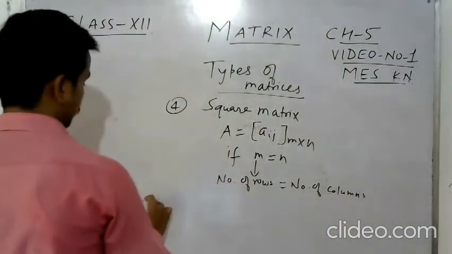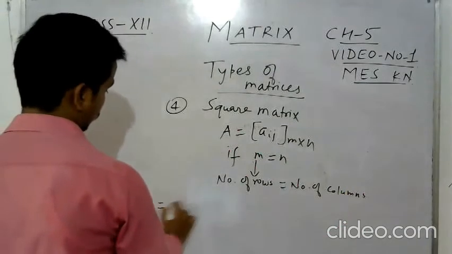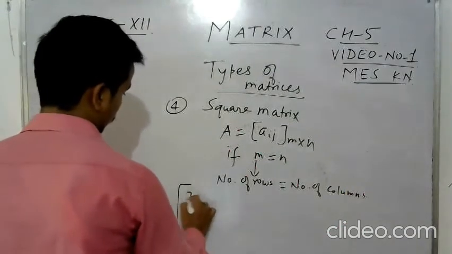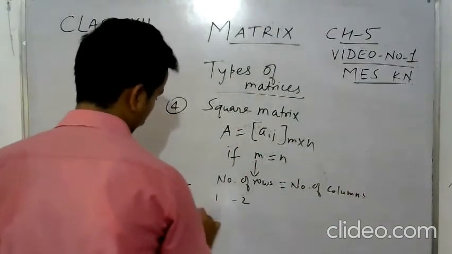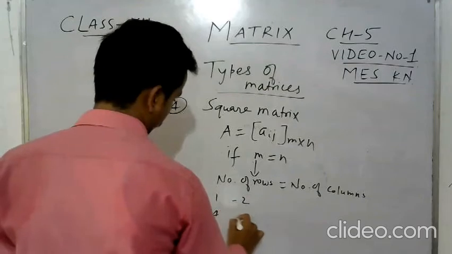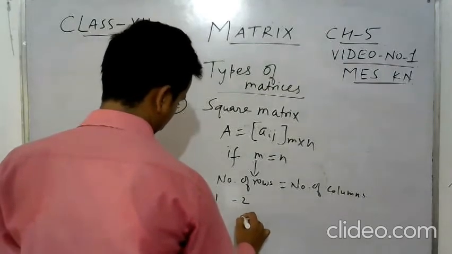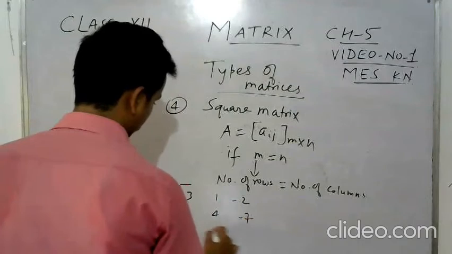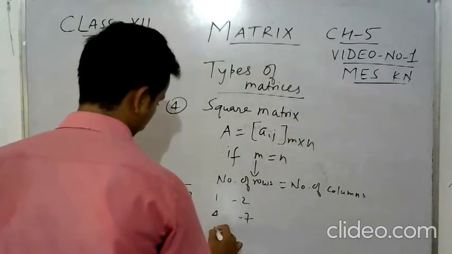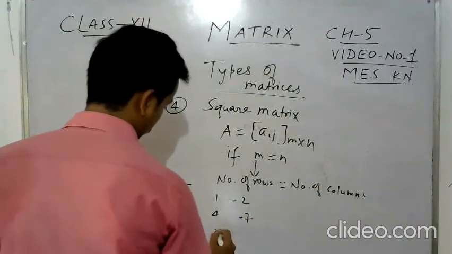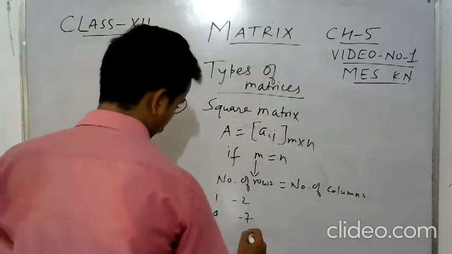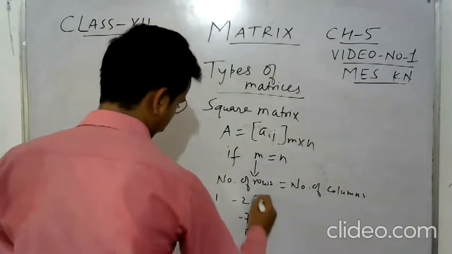For example, A is equal to 3 1 minus 2, 0 1 0, 4 minus 7 8, 2 5.